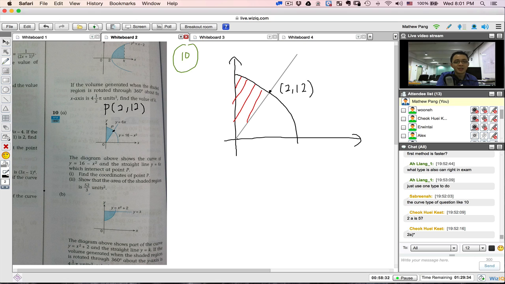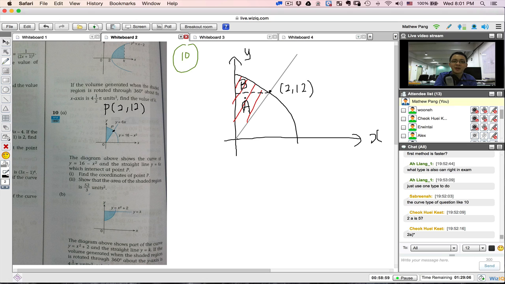Alright, so in order to get the shaded region, I will try to integrate toward the y-axis. So I will separate this into two different parts. Do you see here? Over here I got zone A and zone B, or I can call it region A and region B. You can find out region A actually is a triangle.